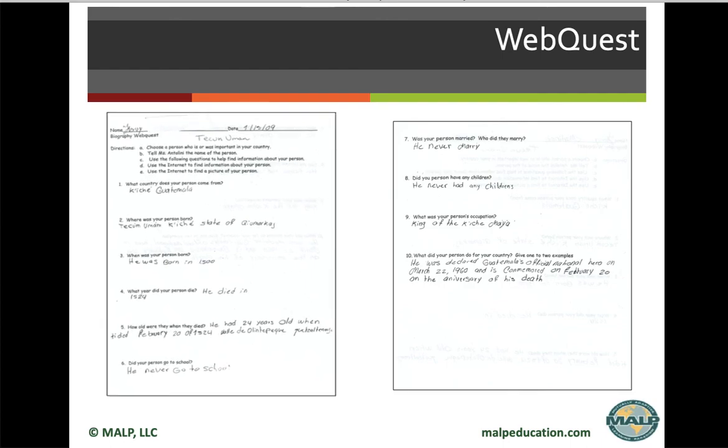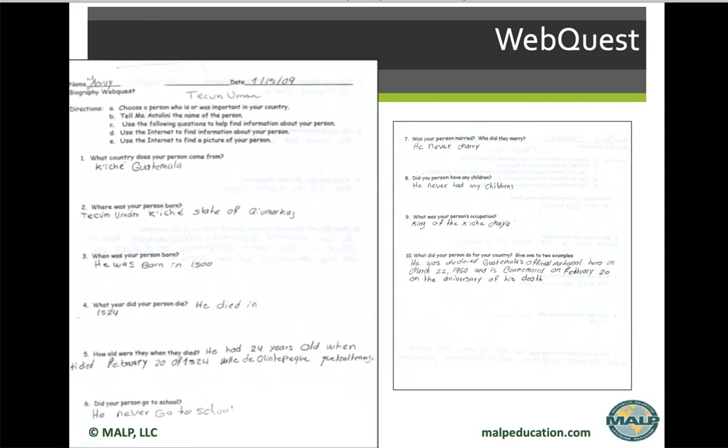And here is a student who was from Guatemala, and he did research on a Quiche hero. That's an indigenous group of Mayans in Guatemala. And the name of the hero was Tecum Oman from the 1500s.